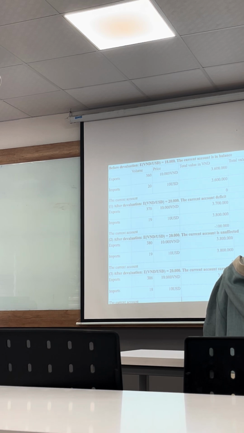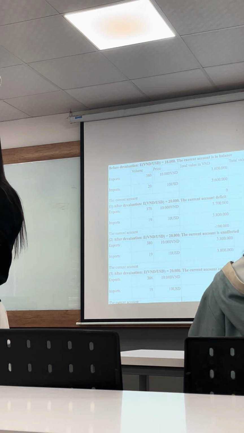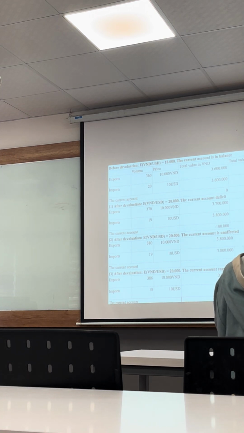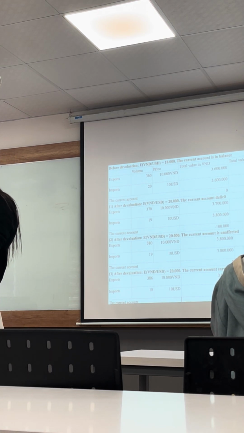The simulation is correct for the first scenario: the sum of the Marshall-Lerner conditions is less than 1. The second case is equal to 1, and the last scenario is greater than 1.